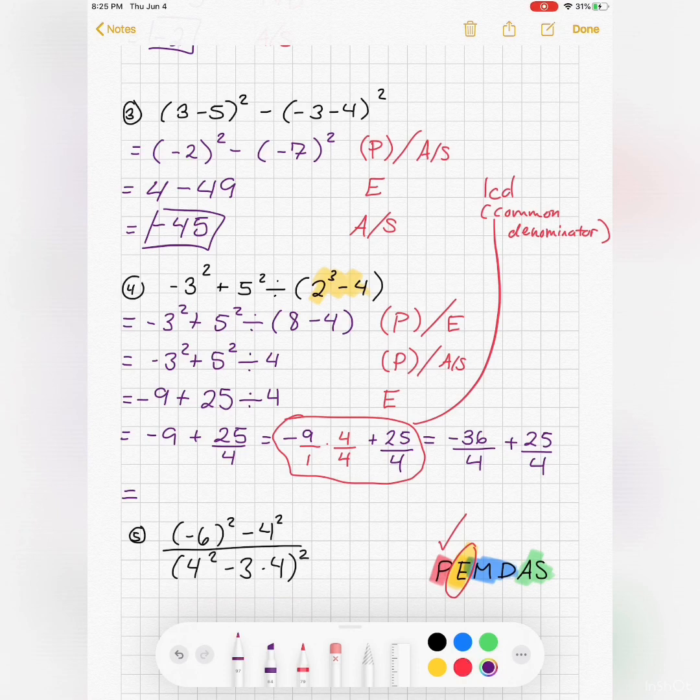So I have negative 36 plus 25. That's the same as 25 minus 36, if you like. So what is that? That is negative 11 over 4. So that one's a little harder, huh? And so in that step, that's where I actually did the addition subtraction.